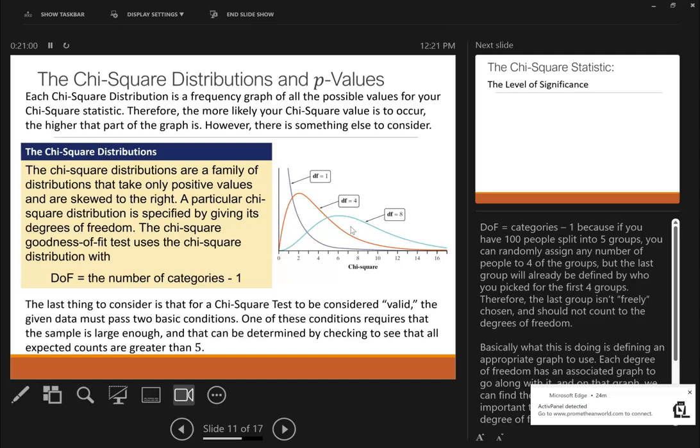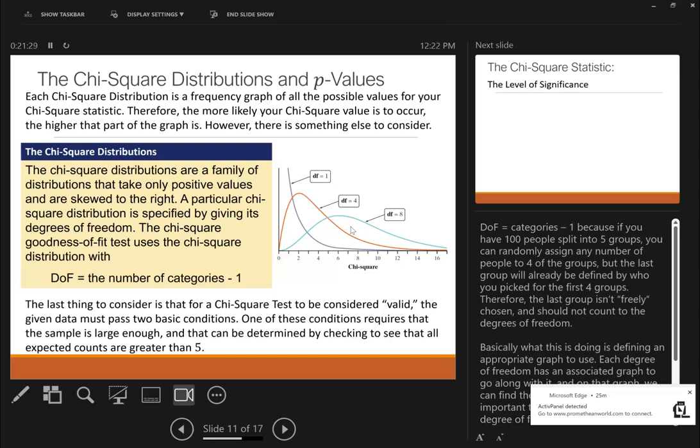No. So you could make 5 decisions, and after that, the choice is made for you. That's why it's the number of categories minus 1, right? Every time you pick a category, you get to the last spot, there's only one thing left, and there's no choice left. Does that make sense as to why the degrees of freedom is just the number of categories minus 1? That's essentially all we're saying.